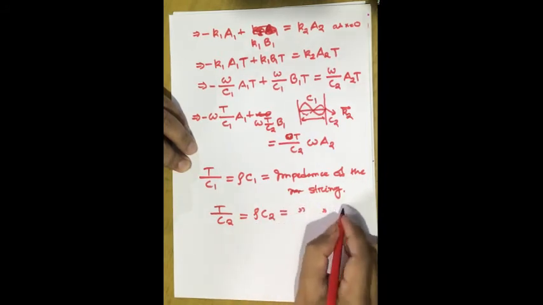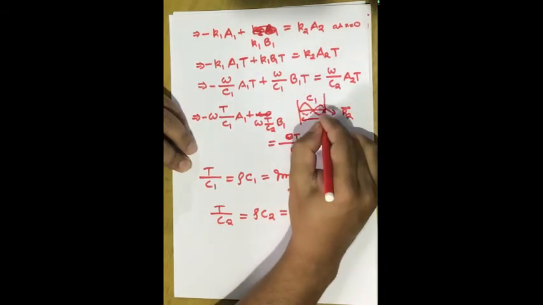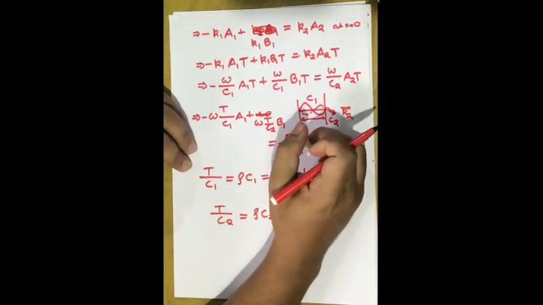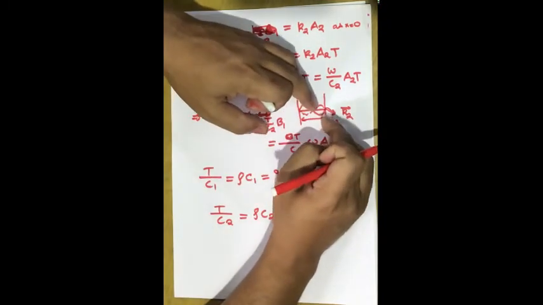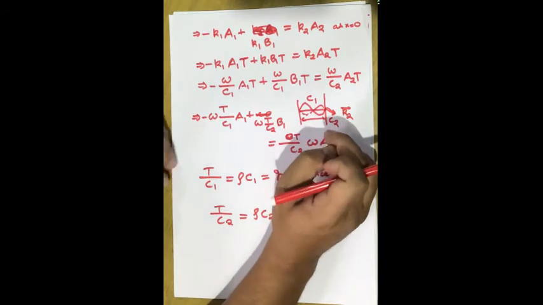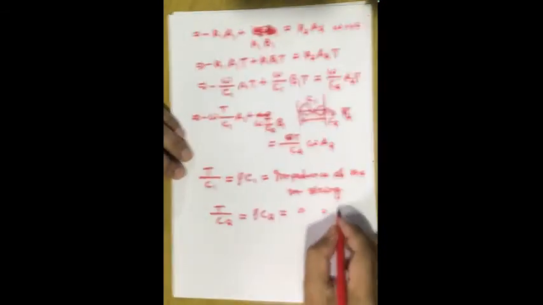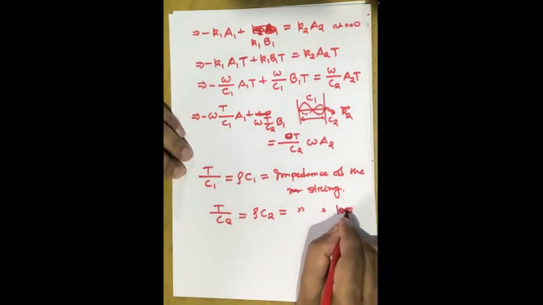It is the impedance of the same string, but the loose part which exists beyond x equal to 0.